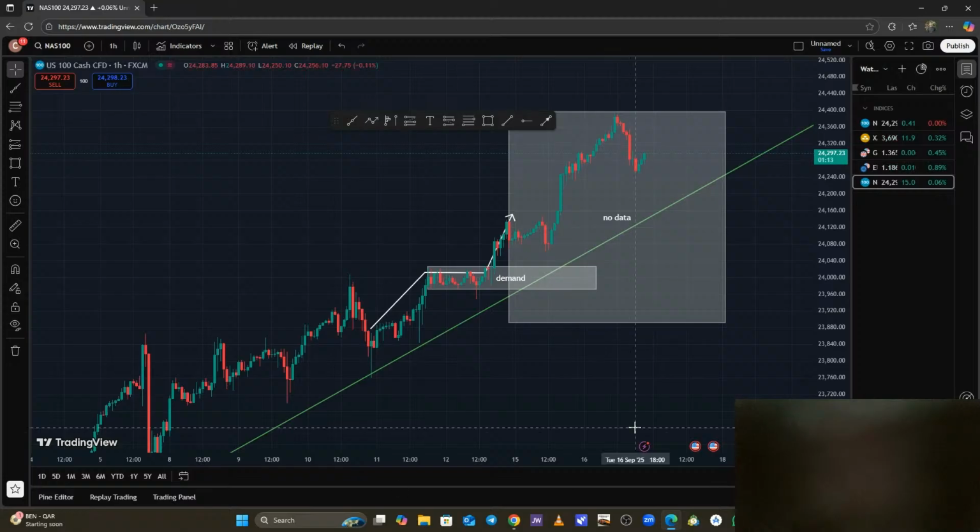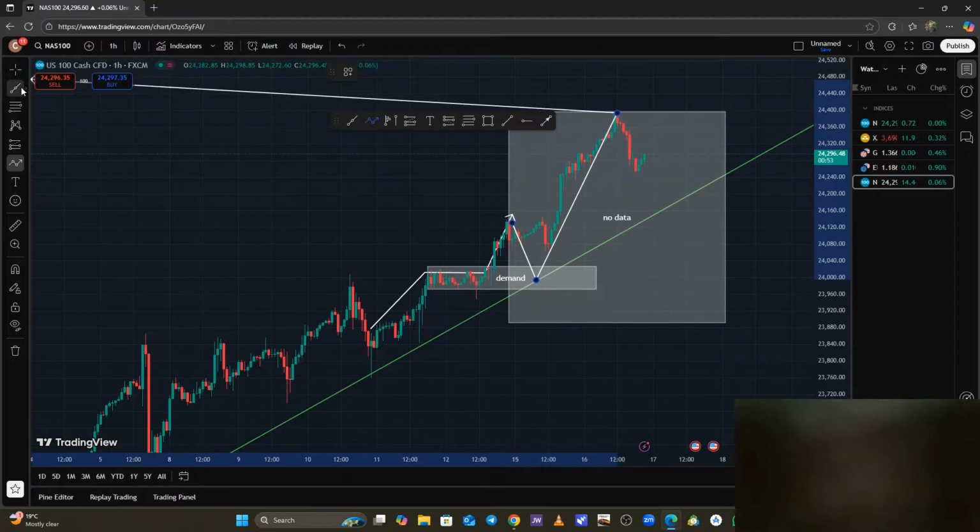Then we had the rally to the upside. Now, what I was anticipating was for price to come back to my demand zone. Then I'll drop to the 15 minutes to confirm a precise entry, then take this buy. That's what I wanted to do, but it did not happen.